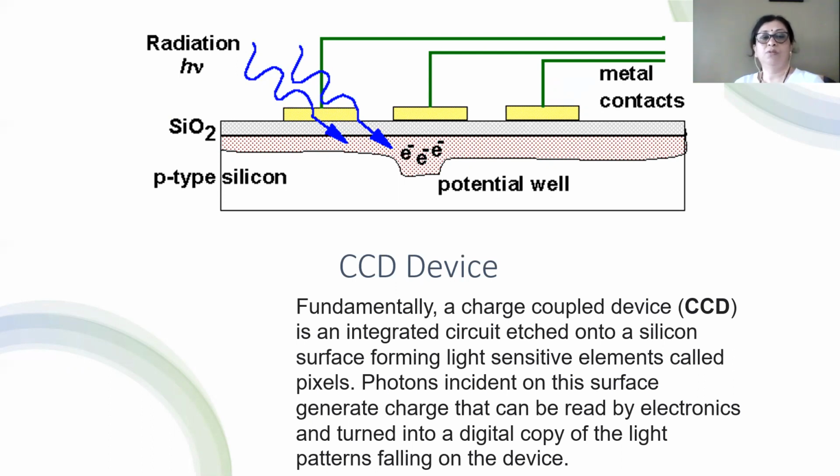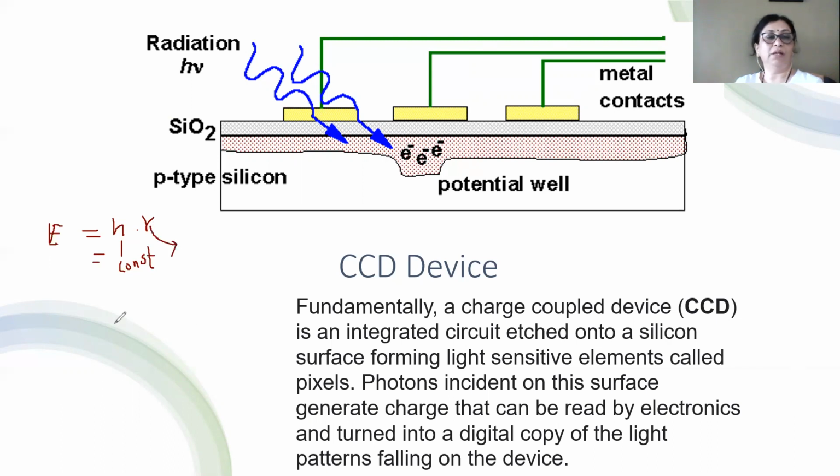So what happens when light falls with energy equal to h into nu? Energy E of radiation is given by h into nu, where h is Planck's constant, and nu is the frequency of the radiation.